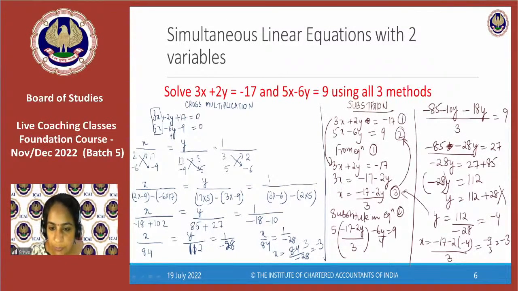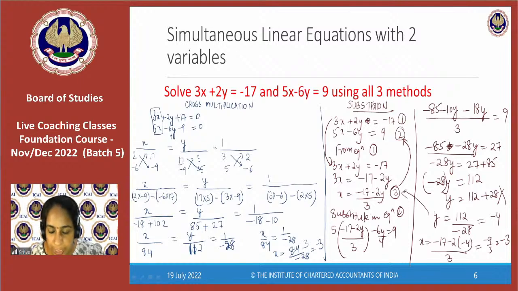So the value of x will be the entire minus 17 minus 2y, whole divided by 3. Once I get this value of x, it is substituted in equation number 2. Because I took it from equation 1, I am putting it back in equation number 2. So 5 into, I am putting the entire value of x here, minus 6y is equal to 9.